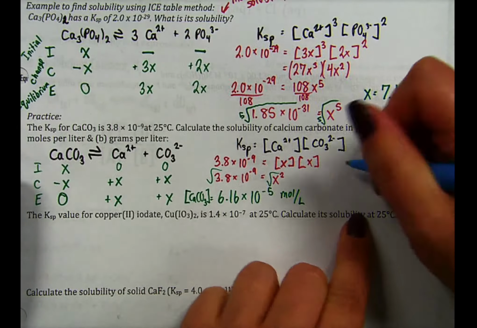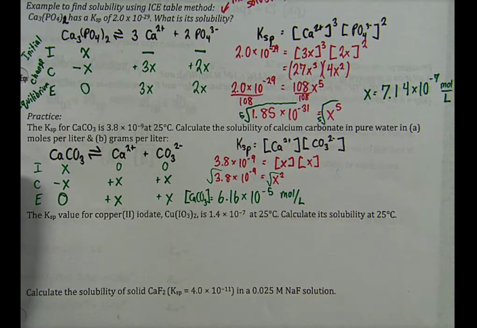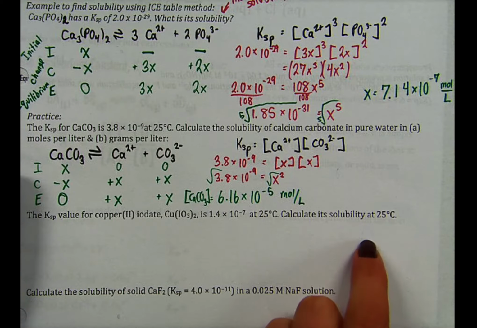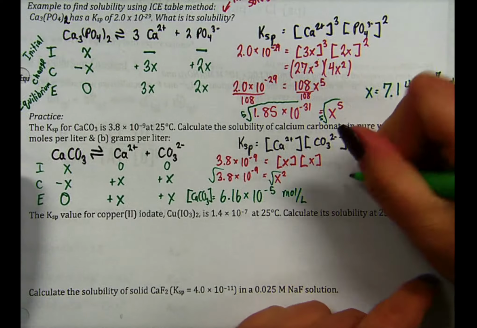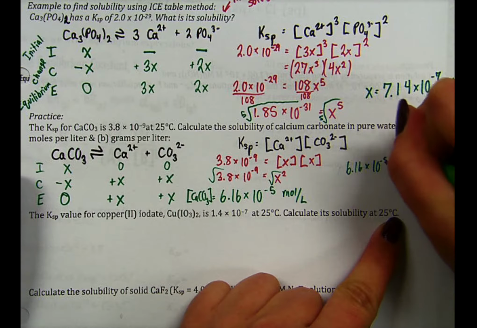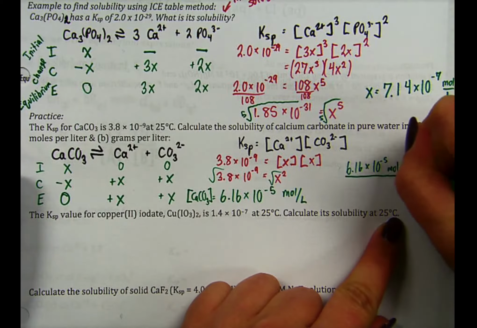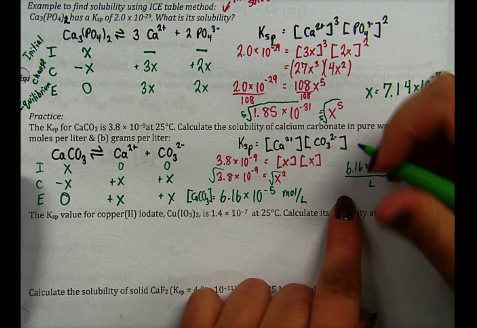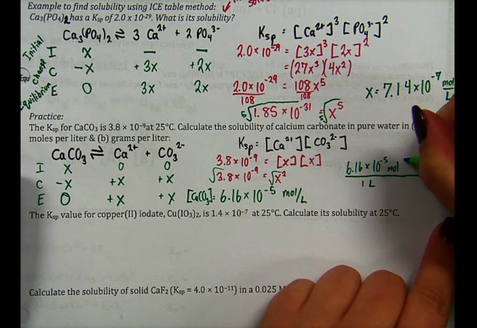Molar mass. Okay, so we have our 6.16 times 10 to the negative 5 moles per liter that will dissolve, and we want it in grams per liter.